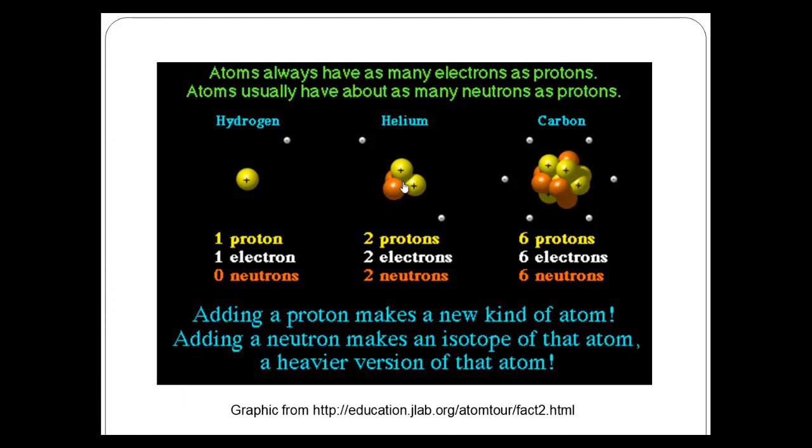Helium, you have 2 protons, 2 neutrons. So this one's easier. It's the same. And carbon, you'd have 6 protons and 6 neutrons. But notice in each of these examples, you have the same amount of electrons as protons. You have a 1-to-1 here: 2 protons, 2 electrons; 6 protons, 6 electrons.